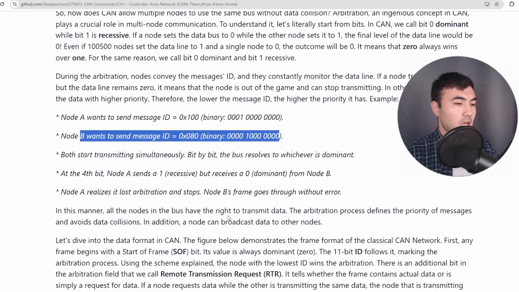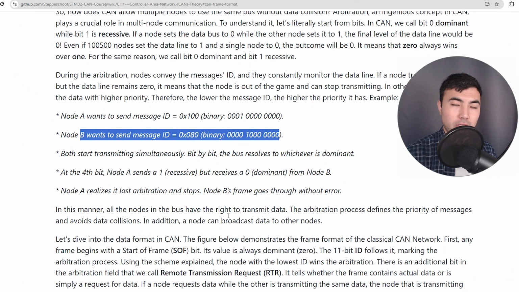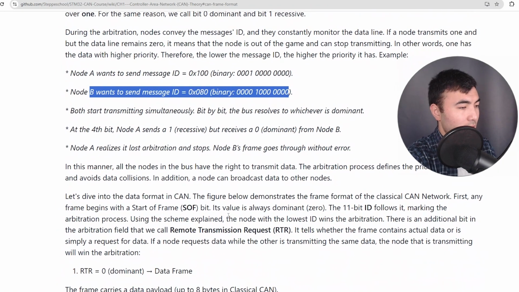This way, we can define the priority of the messages and avoid data collision. To sum up, the identifier with the lowest ID has the highest priority, because the lowest ID means it has more zeros, more dominant bits, so eventually it will win over other nodes.